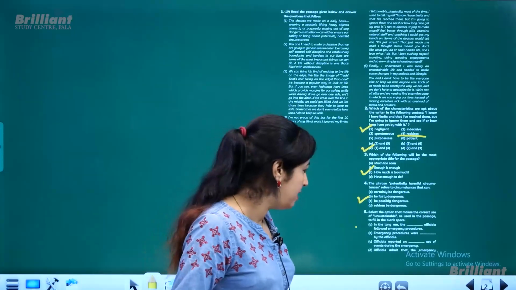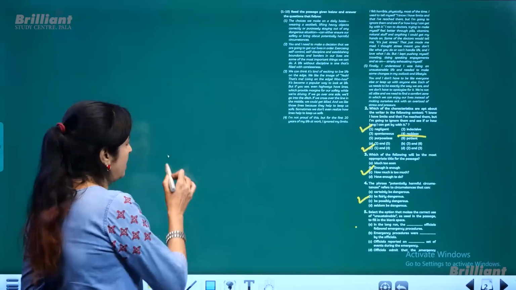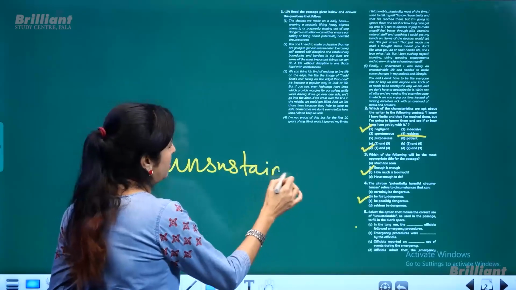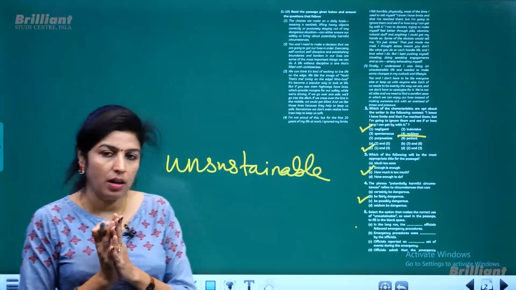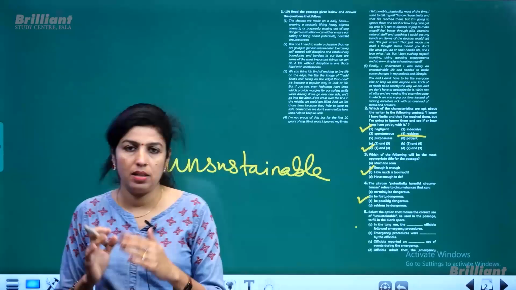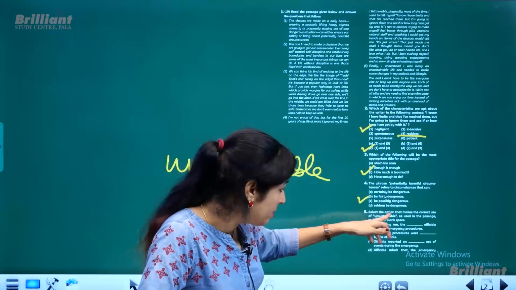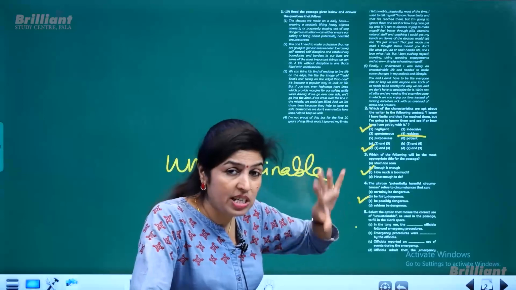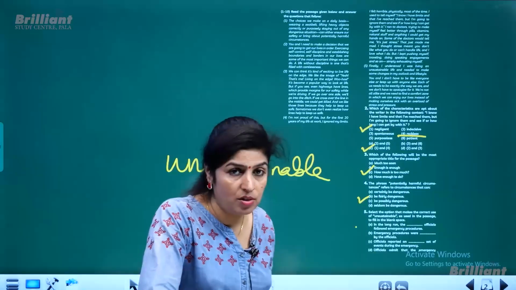Okay. Now next is the fifth question based on this. Select the option that makes the correct use of "unsustainable." See, I'll tell you what unsustainable is. Unsustainable means something which cannot stand for long, which cannot stand the test of time.